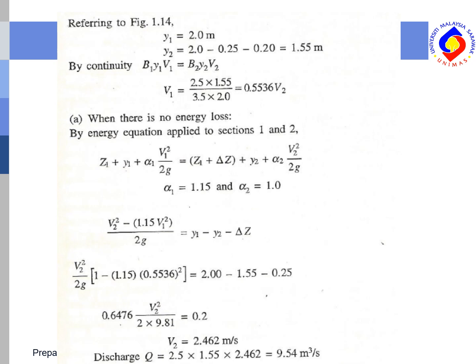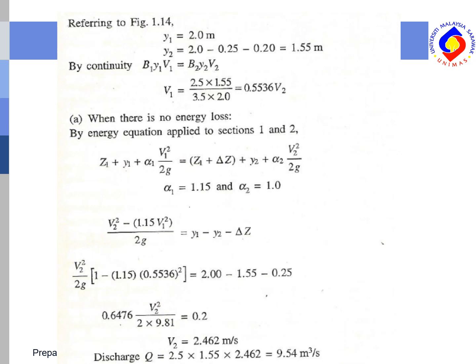Then we can go to the first condition where there is no energy loss. If we take the energy equation between section 1 and section 2, we get Z1 plus Y1 plus alpha 1 V1 squared over 2G equal to Z1 plus delta Z plus Y2 plus alpha 2 V2 squared over 2G.